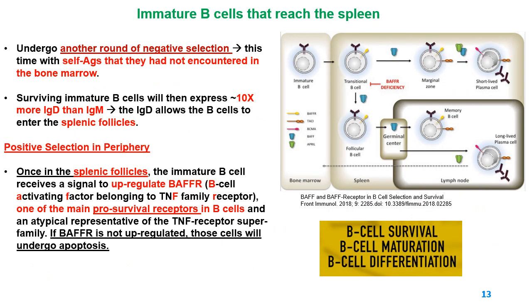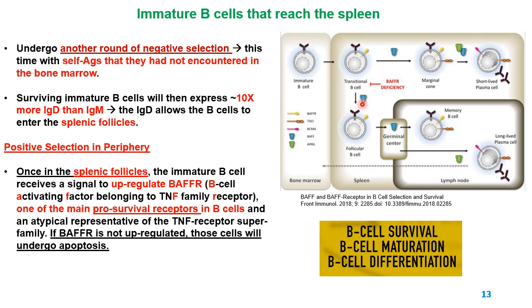Okay, so now what happens to that B cell that left the bone marrow and goes to the periphery? Here they're going to get to your secondary lymphoid organ. Mainly, you're going to get to the spleen. So the cell is going to get to the spleen first.